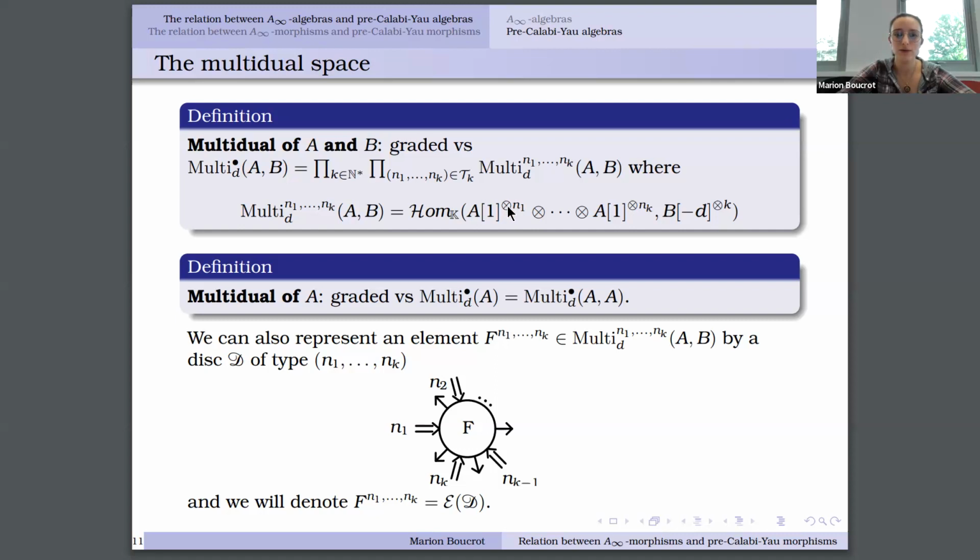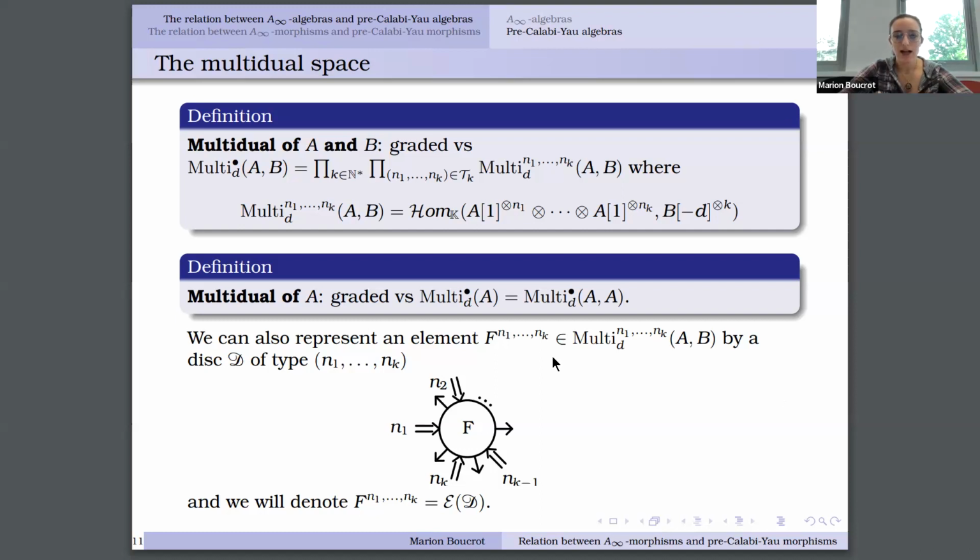So we have tensor products of copies of A shifted by 1 many times, and we have now several outputs in B shifted by minus d. So we'll denote just by multidual of A the multidual of A and itself when both A and B are the same.